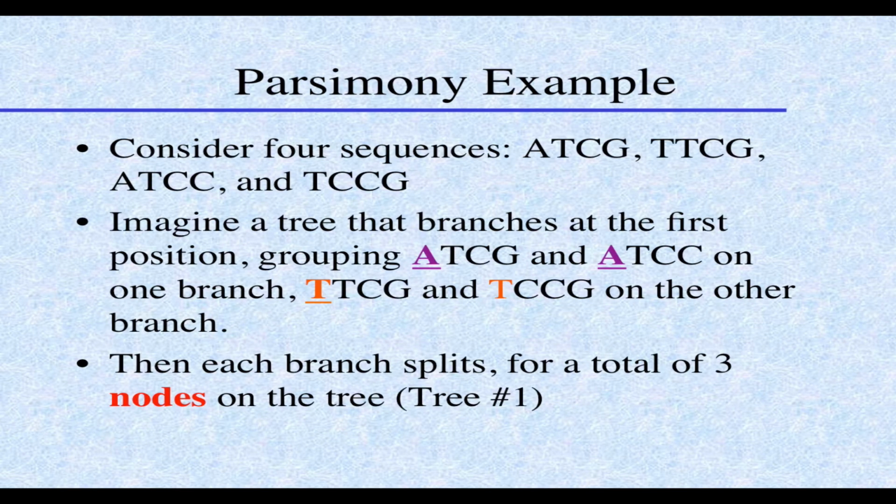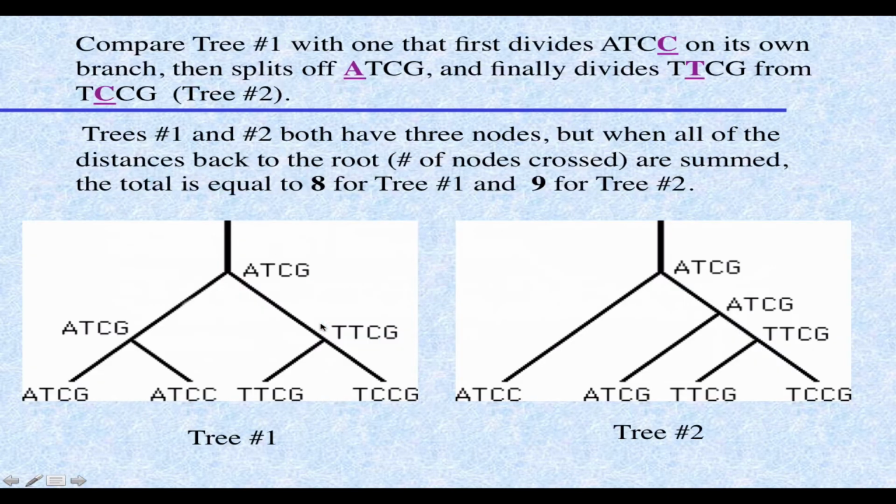So, example. Simple example. Some years I get this better than others, so bear with me. 4 sequences: ATCG, TTCG, ATCC, and TCCG. So this is an example of our current data. We're going to imagine a tree that has a known ancestor. So we're hugely cheating here, because given these 4 sequences, there's a very large number of possible ancestors, right?